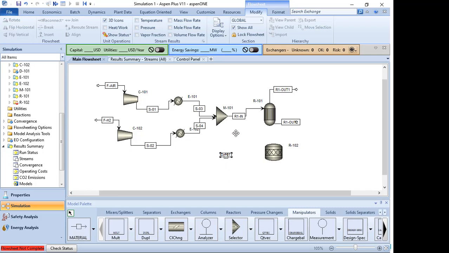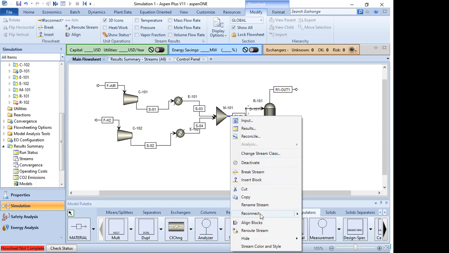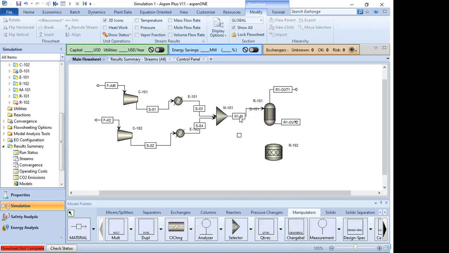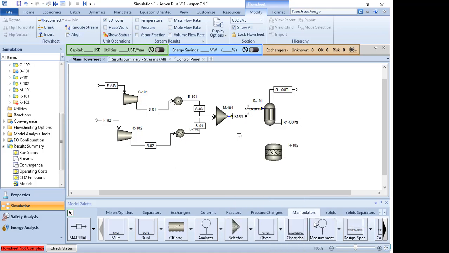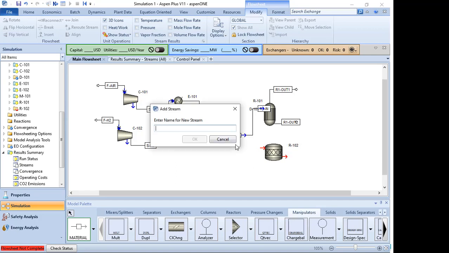So I already have a duplicator in here, and then I have to reconnect the source. Currently the source is connected to M101, but I want to move it into the duplicator. So I just want to reconnect the source into the duplicator, and I connect the M101 into the duplicator in here. This one is stream 05.